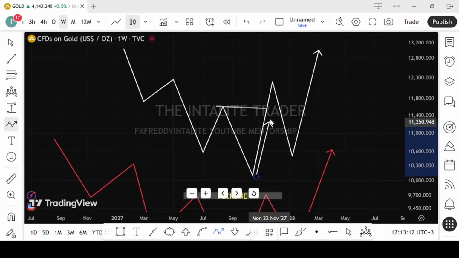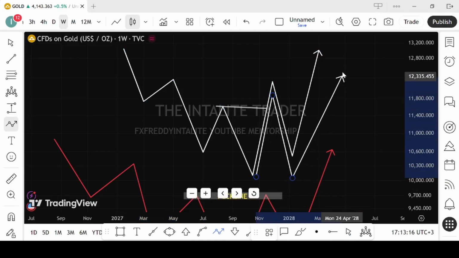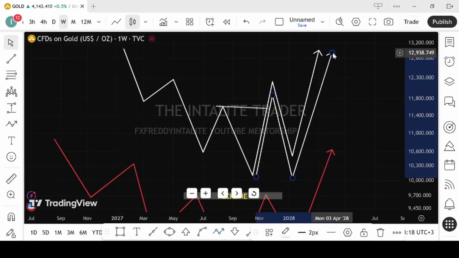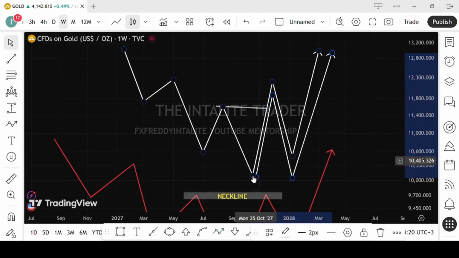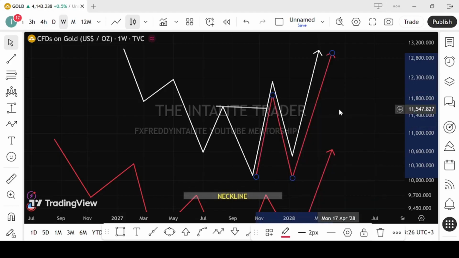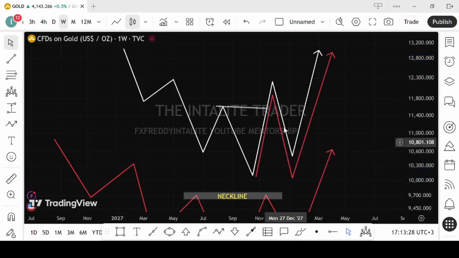The most important thing is this pattern you're seeing. But the beauty with this, it has already given you a higher high, which is change of character. So this is the most important thing, a higher low and a higher high.